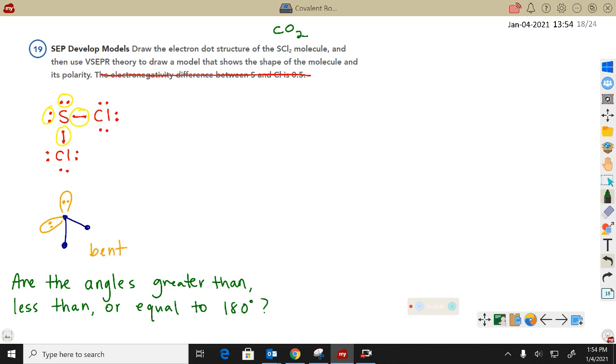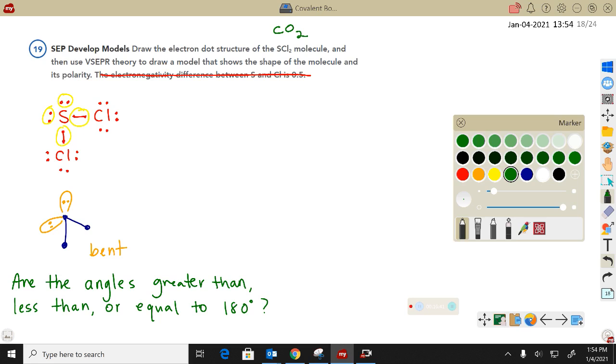Oh, but once I drew this, I noticed that there's actually not just the two bonding groups, but there's also two more lone pairs. There's 4 electron groups on the center. That creates more repulsion. Oh, yeah, those other 2 electron groups, they're going to make the angles less than 180.